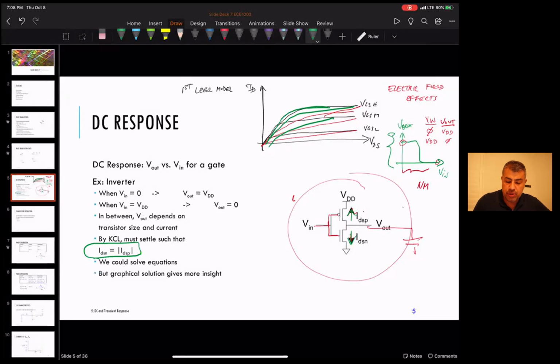You could do that by using a bunch of equations. Remember, if we use this to simplify equations, I think we're going to see this in the next slides, but basically the thing could be in cutoff, could be in linear mode, could be in saturation, and each one of them has a different current equation.